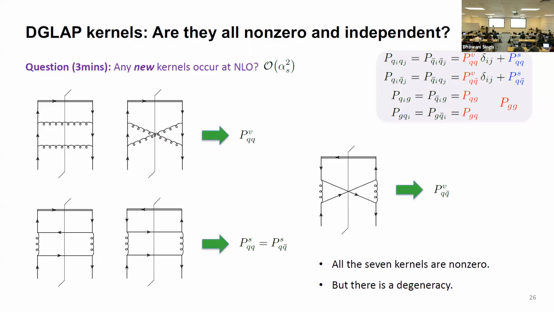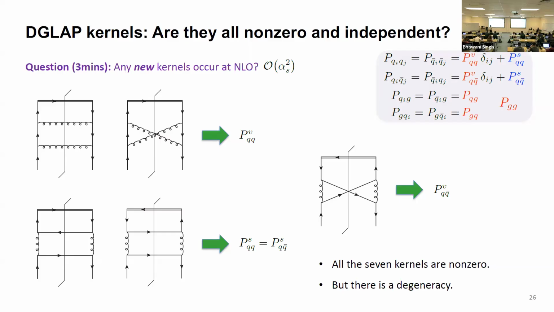But this diagram interferes with another diagram in which you reverse the momentum of the two quarks on the right-hand side of the cut. In this crossing, the quark line does not break, so it doesn't change the flavor of the quark, but it goes from quark to antiquark, so it contributes to P valence, quark to antiquark.